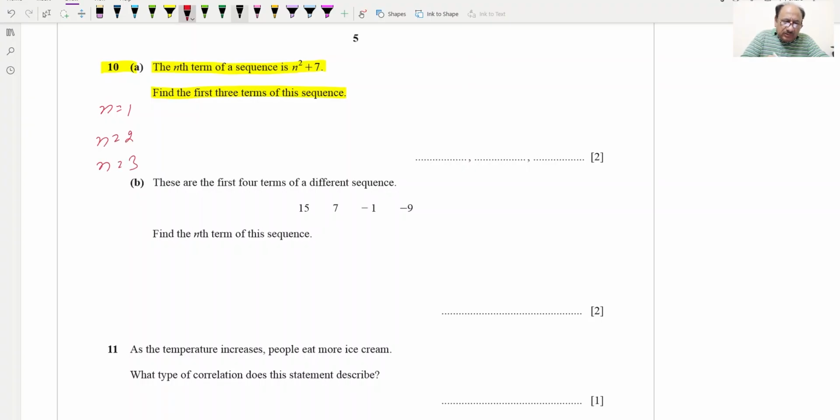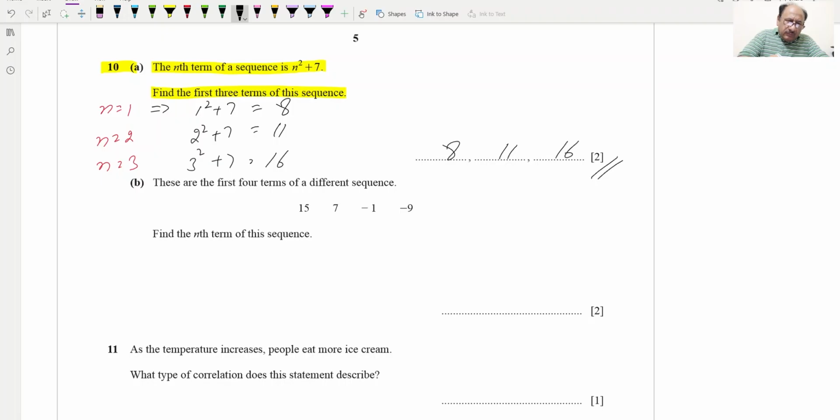These will be the 3 terms, and this implies we can write 1 squared plus 7, 2 squared plus 7, and 3 squared plus 7. So this will be 8, this one will be 4 plus 7 which is 11, and this one 9 plus 7 will be 16. So 8, 11 and 16. This is a 2 marks part which we have done.